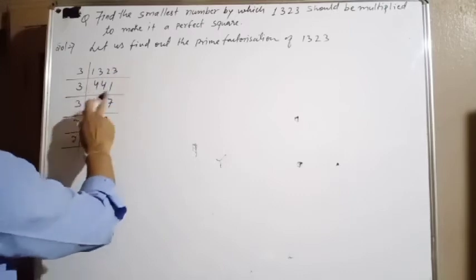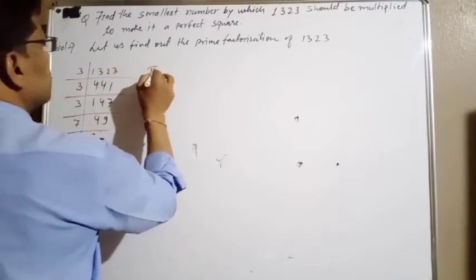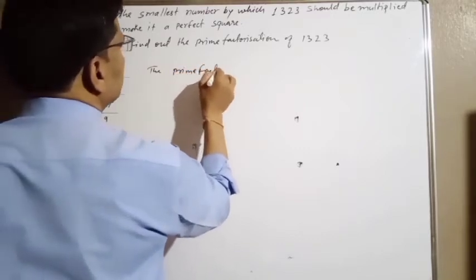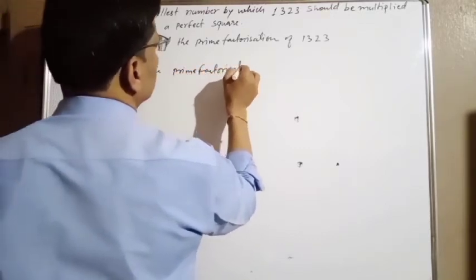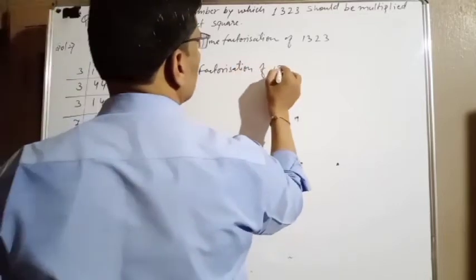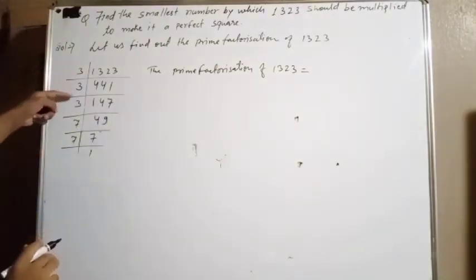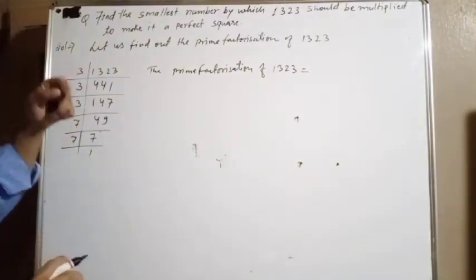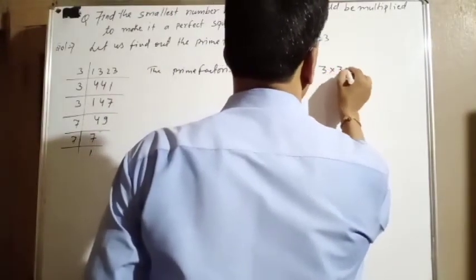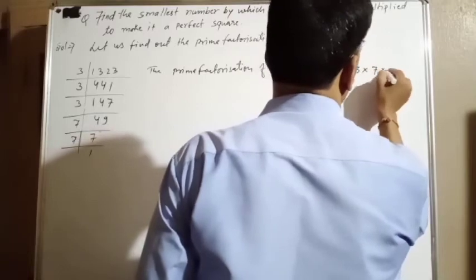What is the prime factorization of 1323? We can write, the prime factorization of 1323 is equal to 3 into 3 into 3 into 7 into 7.